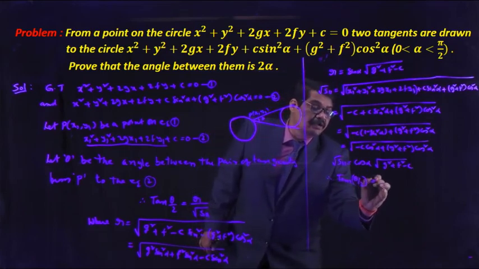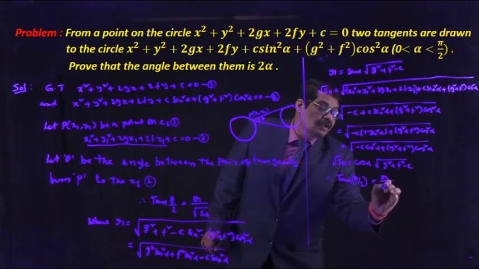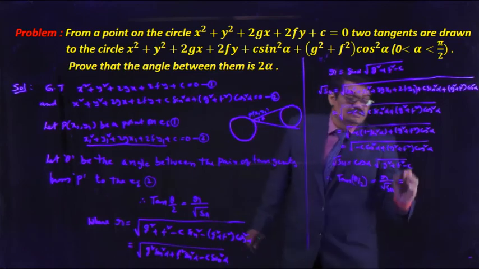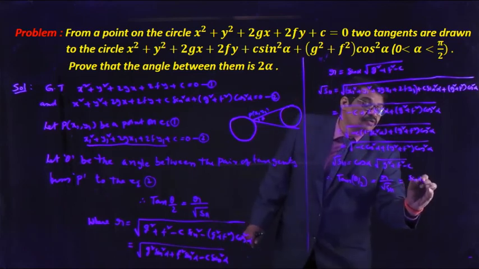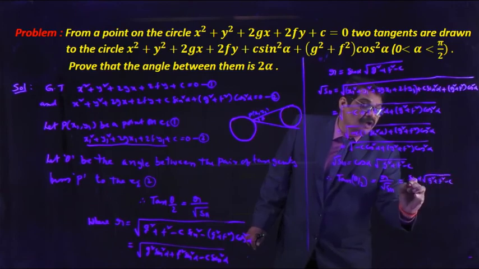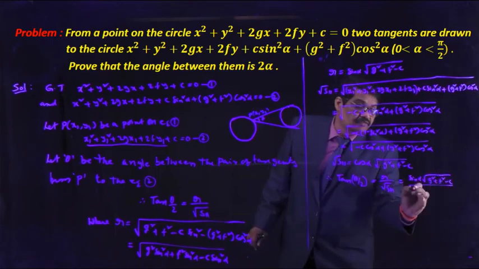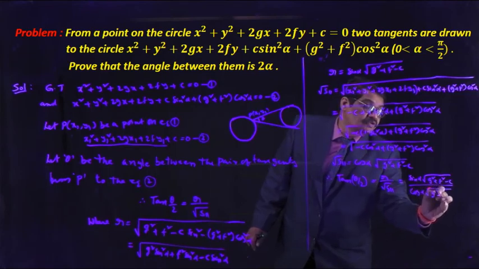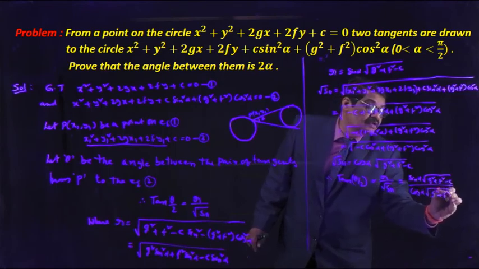Tan theta by 2 is equal to R by root of S11. What is R? R is sin alpha into root of g square plus f square minus c. And root of S11 is cos alpha into root of g square plus f square minus c.